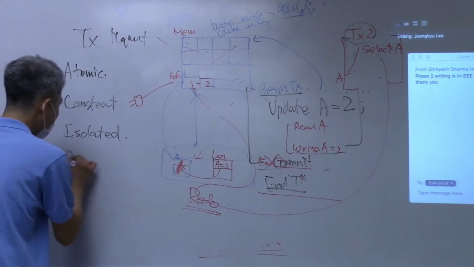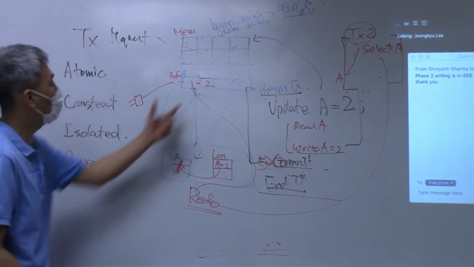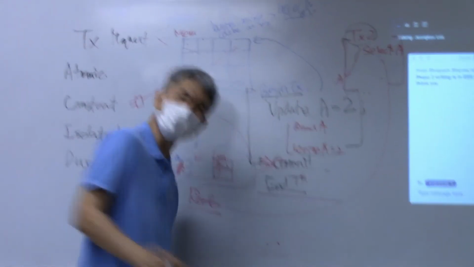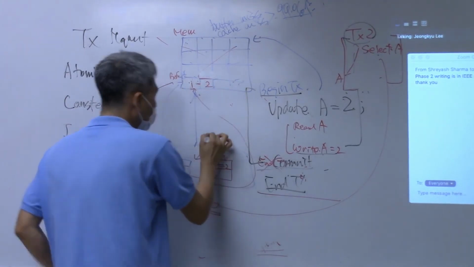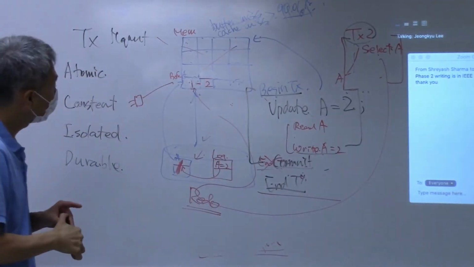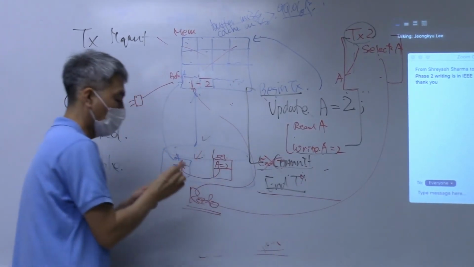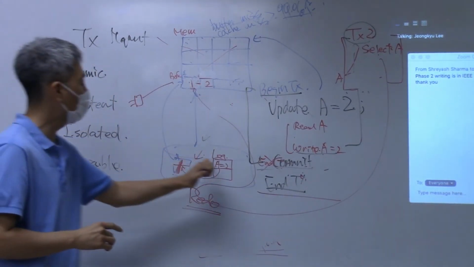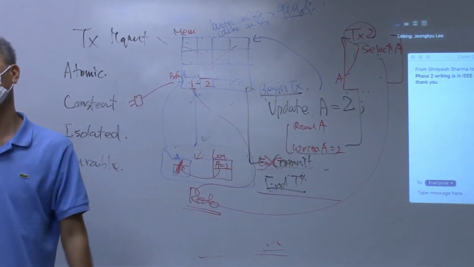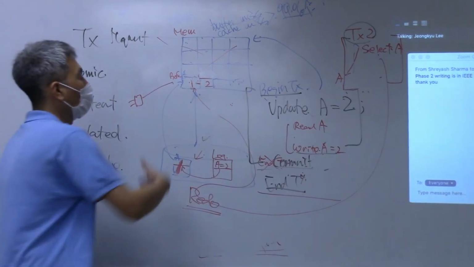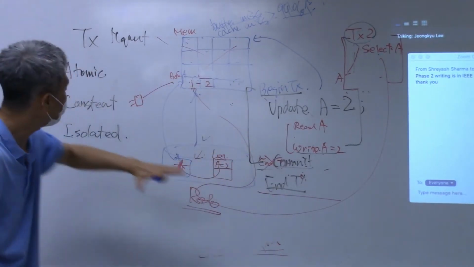And the last one is durability. Durable means if committed, it should be committed permanently. Because of the deferred writing, we may lose some updated committed data from the memory, but using the log data and redo operation, we can instantly recover the system. Then it's durable.